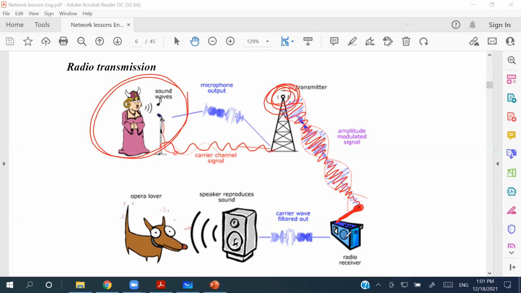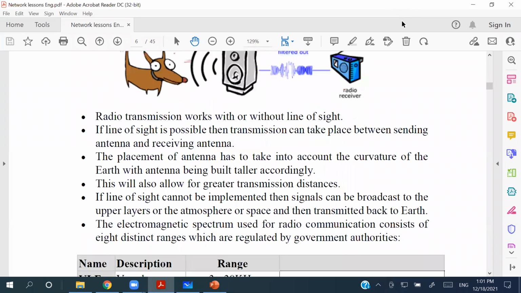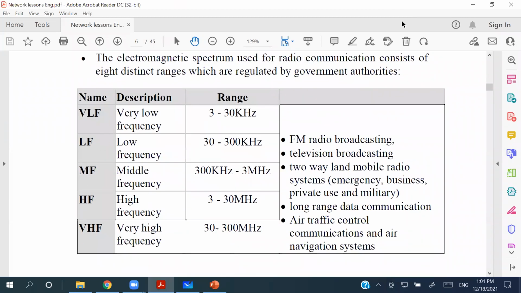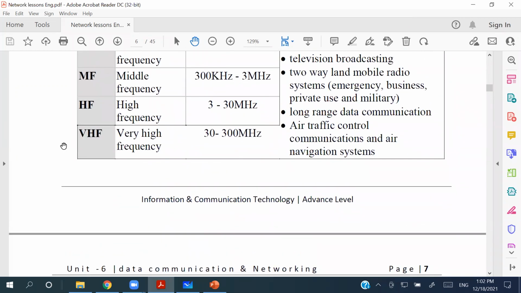Okay, thereafter, what we are going to talk about is the microwave. Before the microwaves, I have given some examples where they have used the radio waves, and there are many different kinds of radio waves in many different kinds of ranges. In day-to-day life, we use VHF and UHF, right?